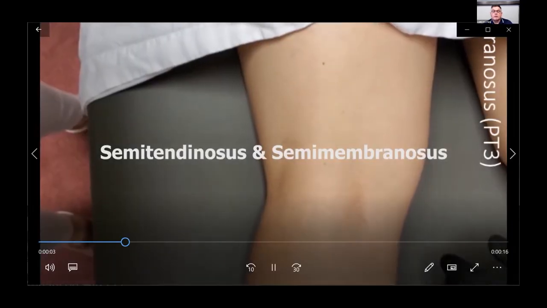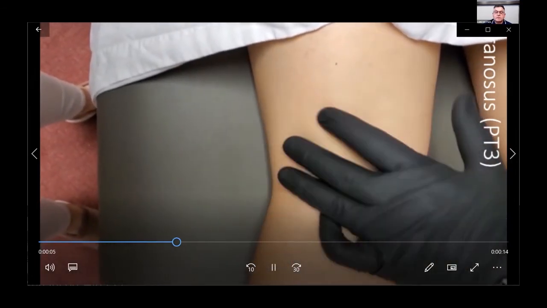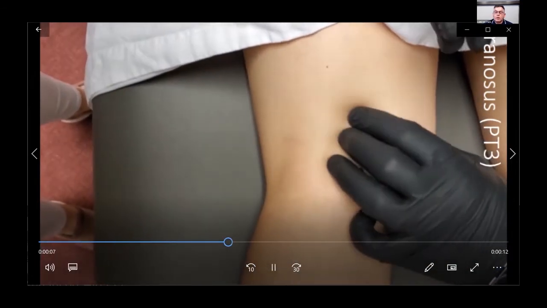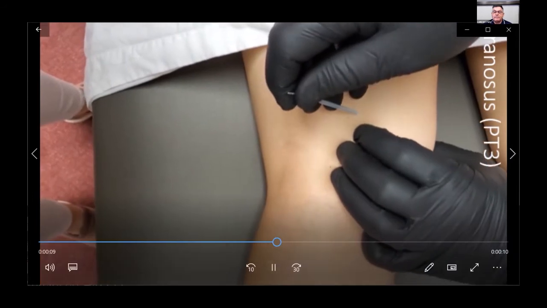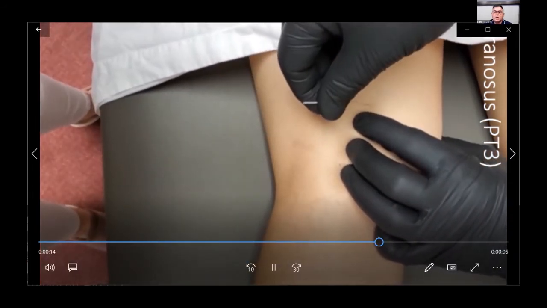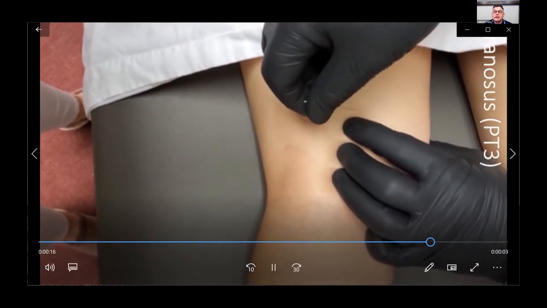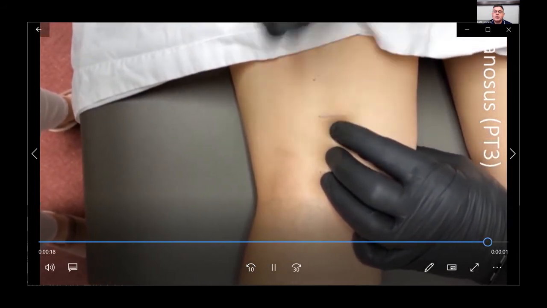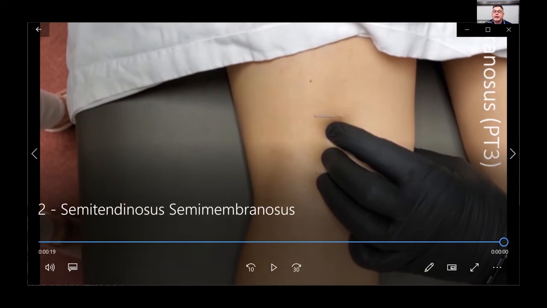So semimembranosus, semitendinosus. We're going to grasp that again, if you can imagine that V-notch, one palm breadth proximal to the popliteal crease, and needle about 45 degrees away from midline towards the medial aspect.